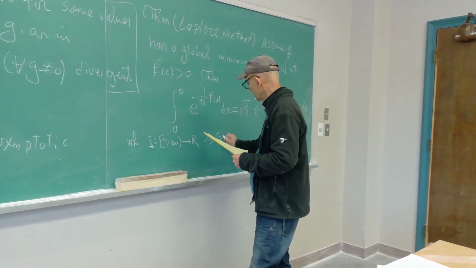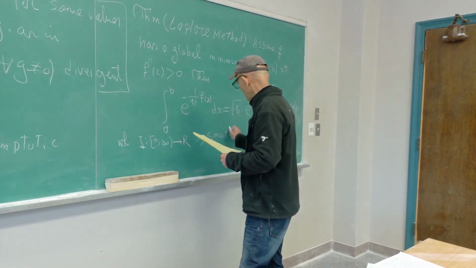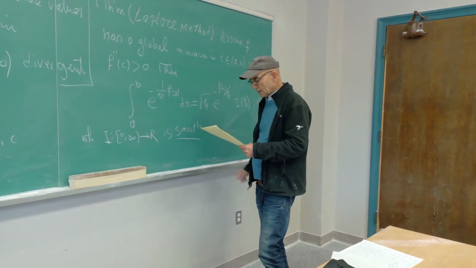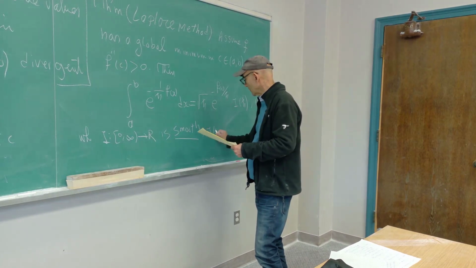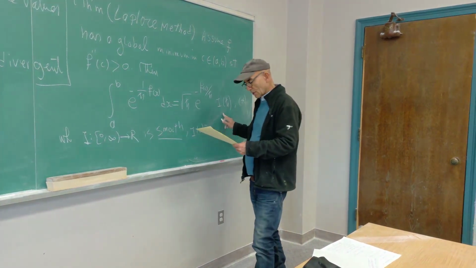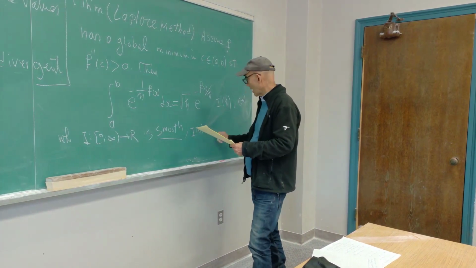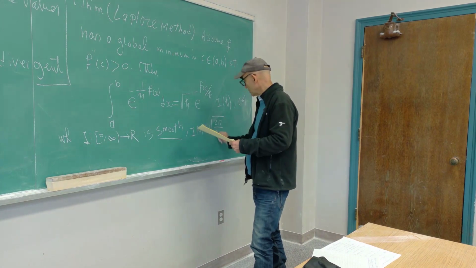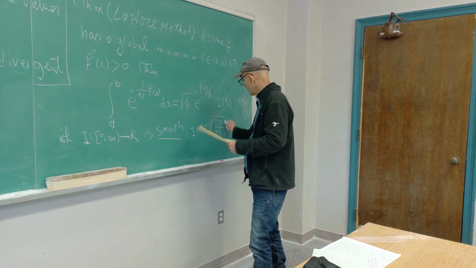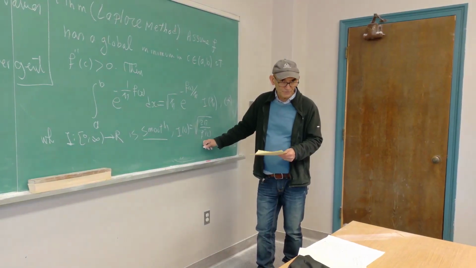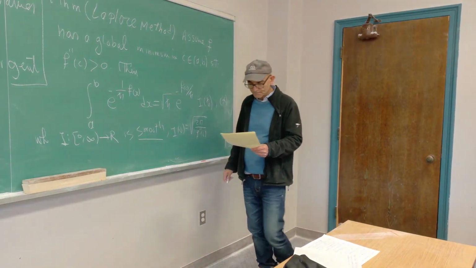That's important. It's smooth. And I of 0, we know its value. If you take 0 here, you're going to get root 2 pi over f double prime. You can see this is a Gaussian contribution of the second derivative, the Gaussian part.